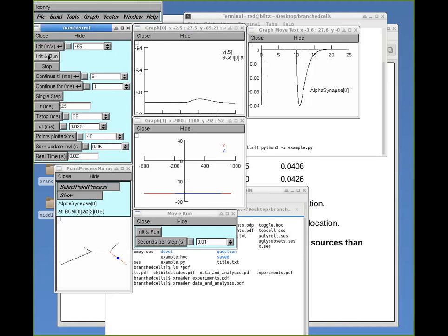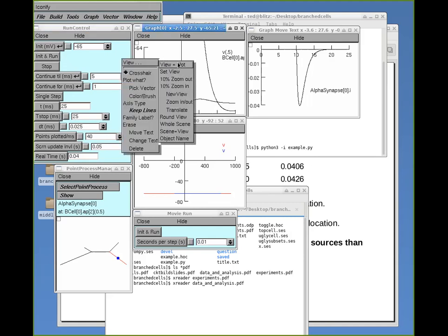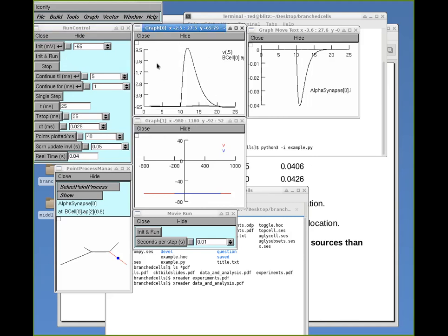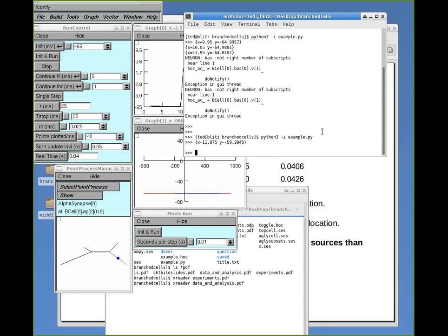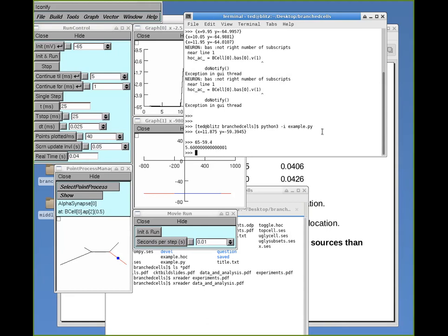And now let's do that. And it's big. And our peak depolarization is, wow. Okay, so it's 65 minus 59.4. So it reduces by 5.6 millivolts.